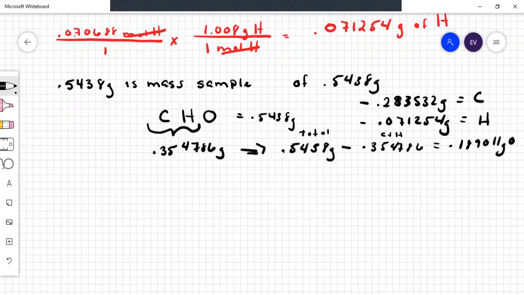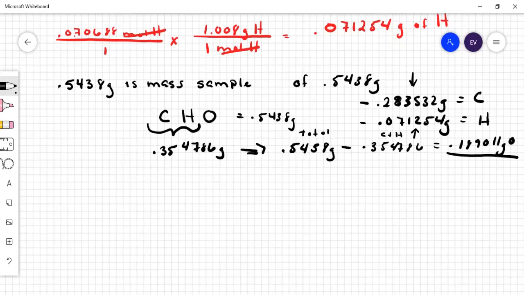So what we did was we figured out how much of the compound is carbon and how much is hydrogen. We added them together, and from there we were able to determine that of the total sample, we have 0.189011 grams of oxygen. So why does that matter? Well, it matters because to get the empirical formula, we have to figure out how many moles of each element are present. And here's how you do it.